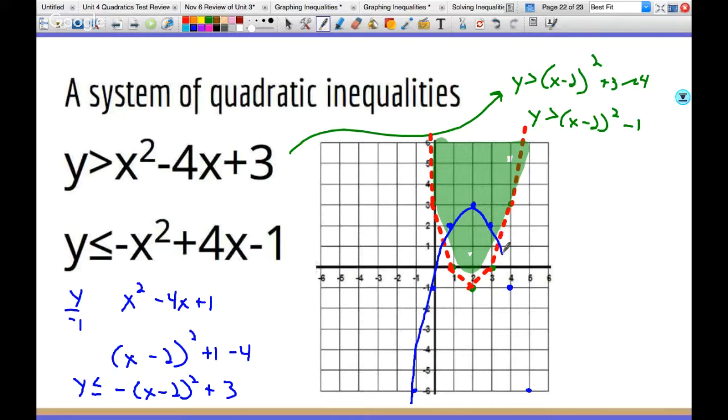I want to shade below this, but I only have to shade what's also been shaded in the other one. So it's just going to be this region in the middle here is our overlap. The rest of this is all going to get erased.